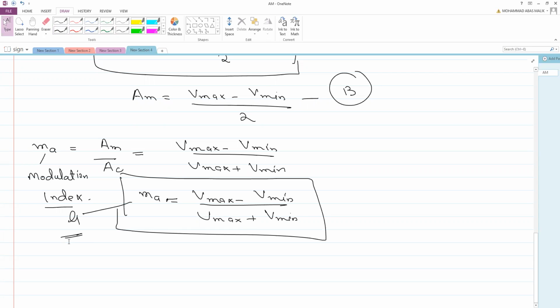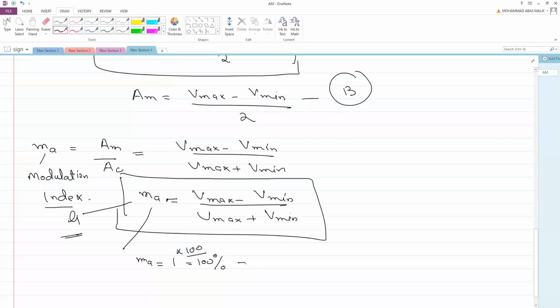All right. So if the value of MA is 1, you can say this is a 100% modulated wave. You can get percentage modulation on multiplying by 100.